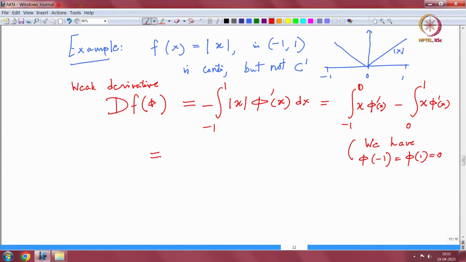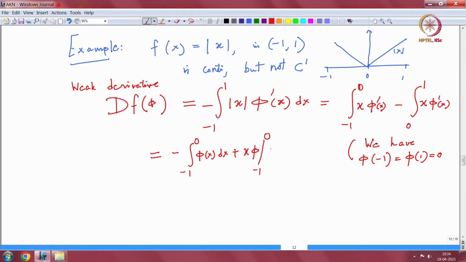Once you do an integration by parts, you get minus the integral from minus 1 to 0, differentiate x, you get phi of x dx, and then you have the boundary terms. You have to do this because phi does not have compact support in minus 1 to 0, it has compact support only in 0 to 1.